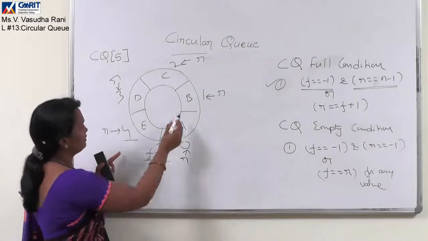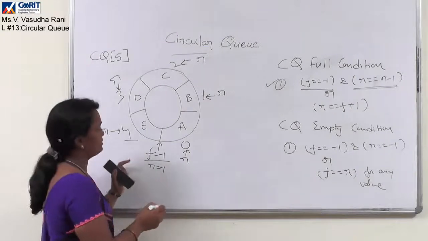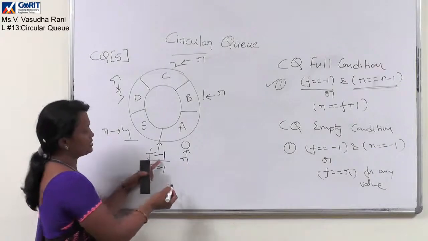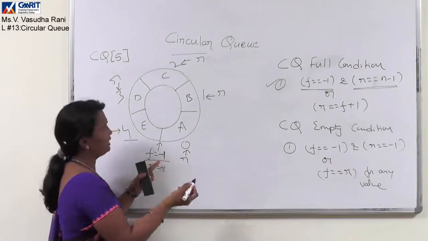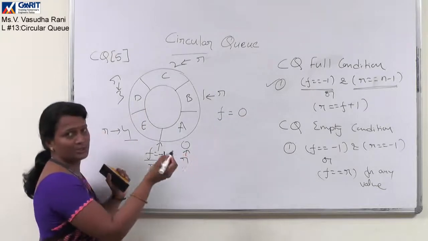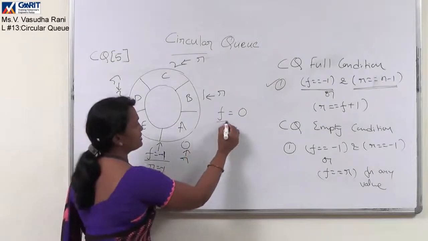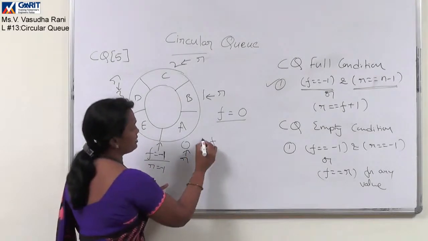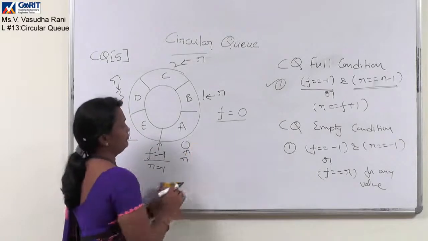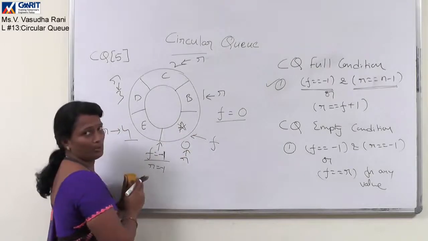But once it reached this condition, now if you perform two deletions, what do we have to do? Front is -1, and to perform deletion, we have to increment f. So our f will become 0 based on the condition f equal to (f plus 1) mod size. So our front is now referring to the 0th location, and this is the element to be deleted.